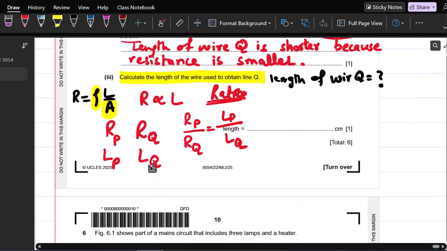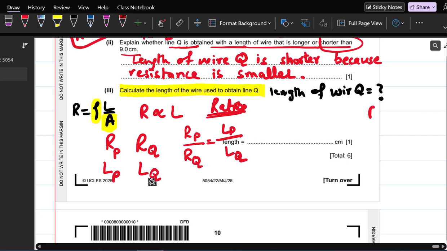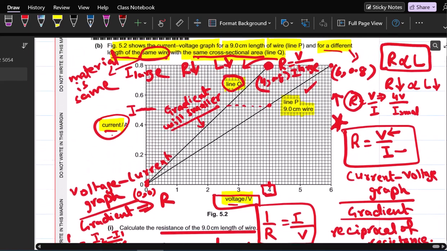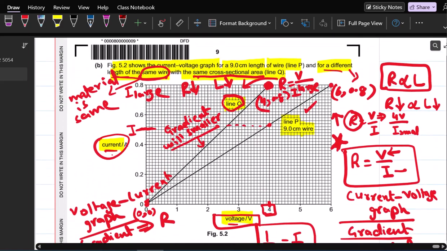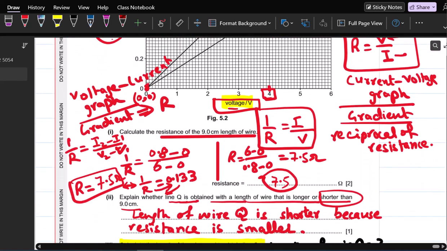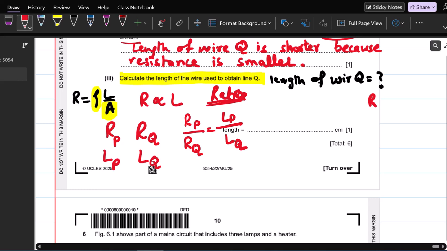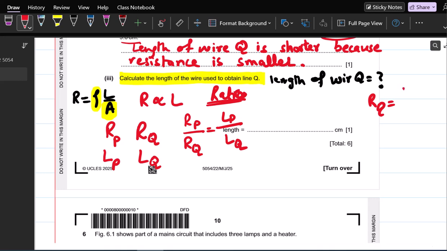So the resistance of Q is equal to voltage above, 4, and 0.8 below. If I calculate, I will be getting 4 divided by 0.8, it will be 5 ohms.